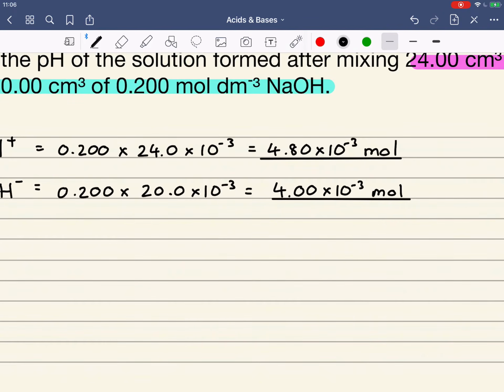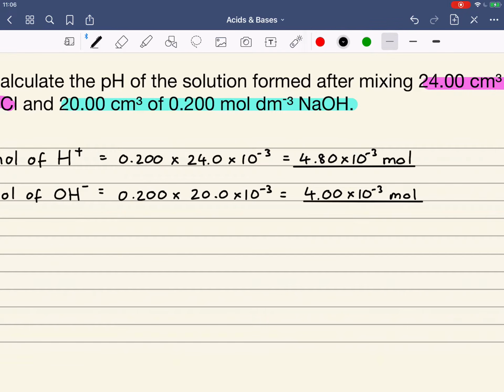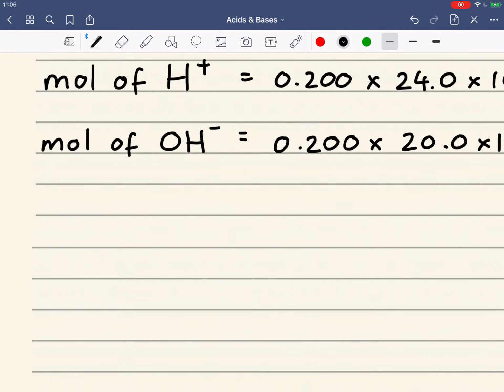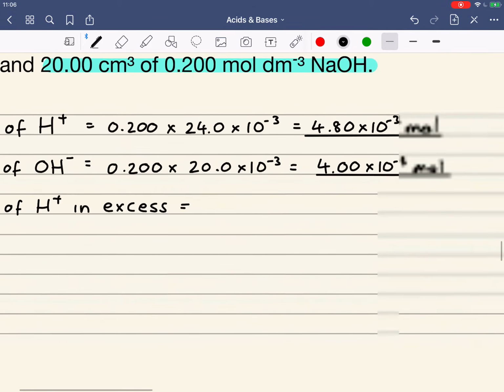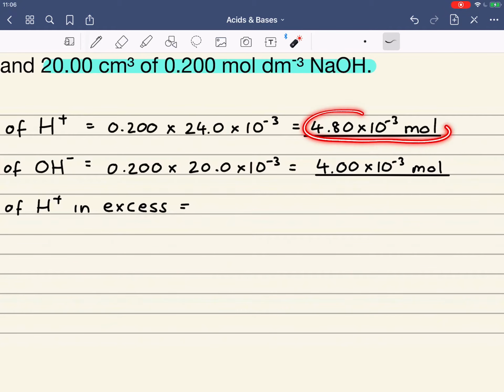What we then need to do is look and see which one is in excess. 1 mole of hydrogen ions will react with 1 mole of hydroxide ions. So we can see that we've got an excess of hydrogen ions. So you then work out the moles of H+ in excess, which is going to equal this value minus this value.